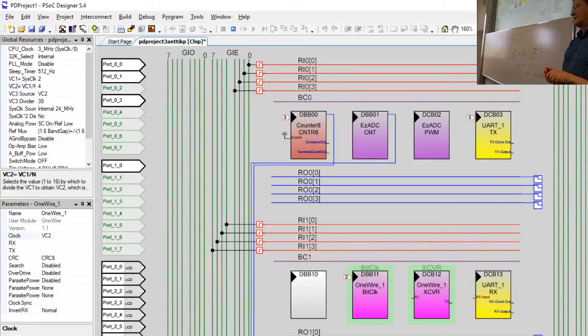Of course, there is always a way to go around the problem if that becomes a problem. All of these registers, or even the global resources, are just registers that you can overwrite in your software.